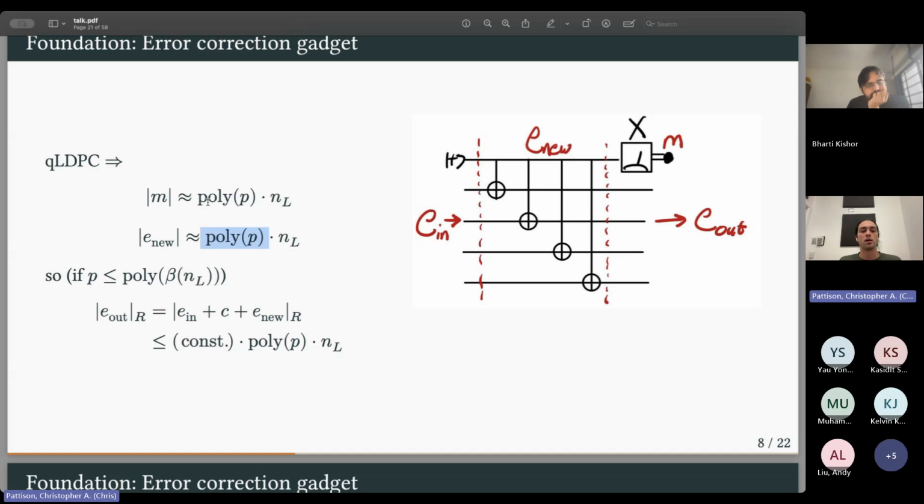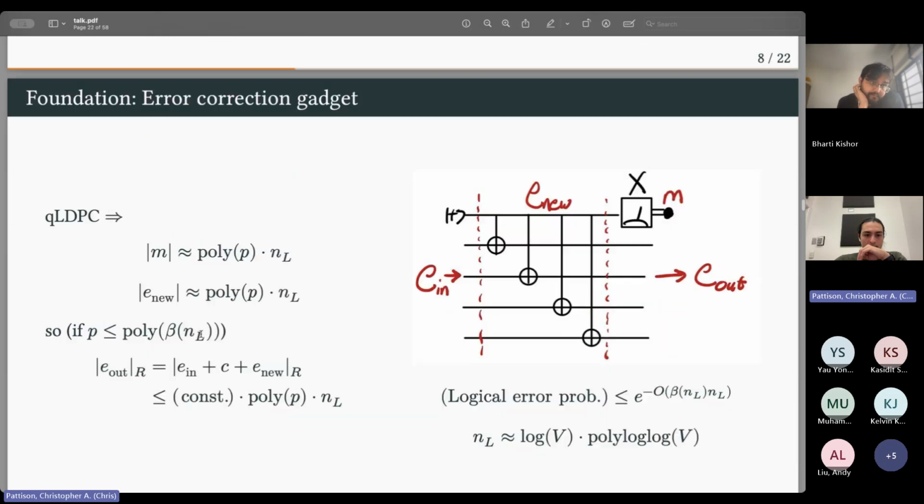In particular, p has to be less than the relative distance of the code, or the guarantee that our bit flipping decoder gives. If we can do this, then our output error is also small, again related to the block length, but with a smaller constant. So we're good.